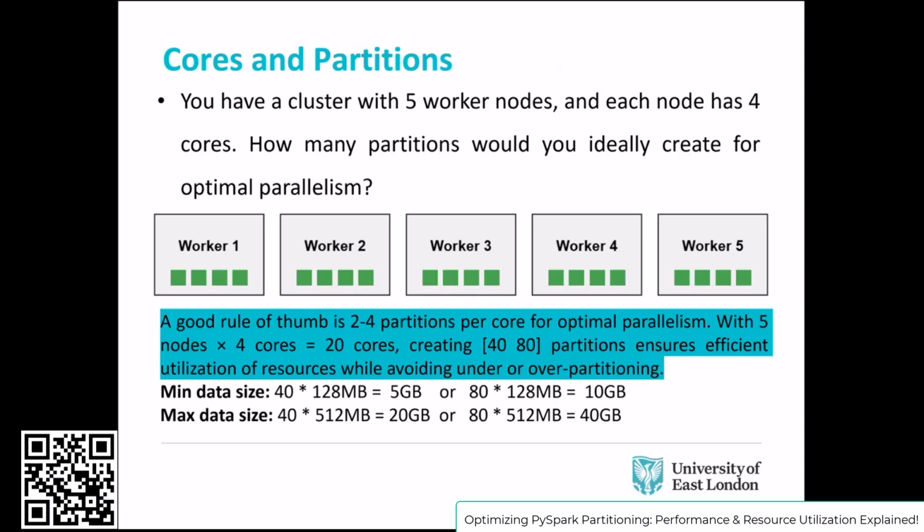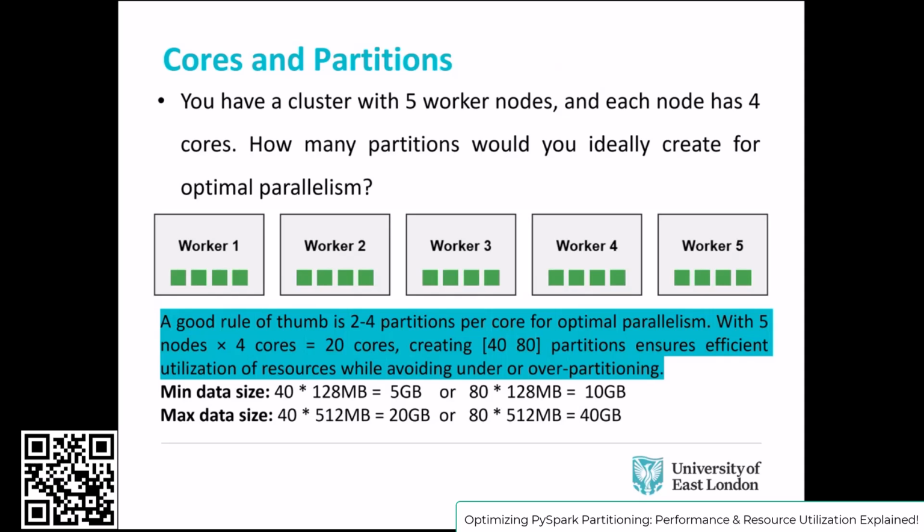So as I said, it says better to go with 2 to 4 partitions per core. So it means that if we have 5 nodes multiplied by 4 cores, it means we have 20, right? With this assumption, we can provide 2 partitions minimum and maximum 4 partitions. It means, okay, you can divide your data into minimum 40, maximum 80.